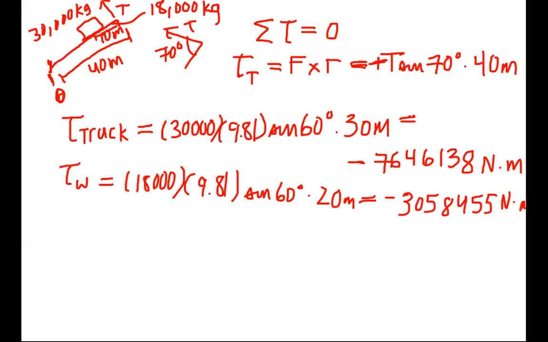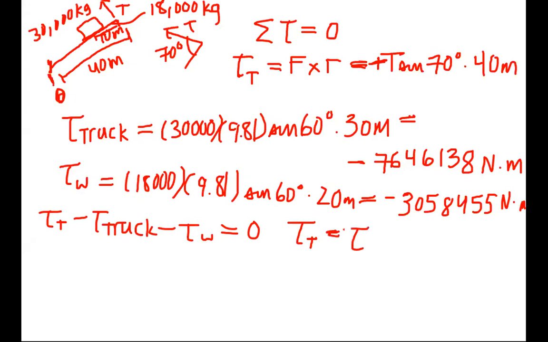So adding those all together, we get that the torque due to the tension minus the torque due to the truck minus the torque due to the weight is equal to 0. So we can now say that the torque due to the tension is equal to the torque due to the weight plus the torque due to the truck.